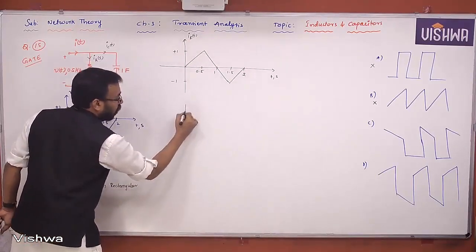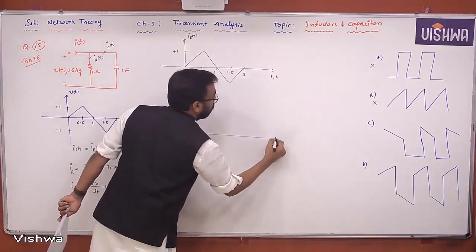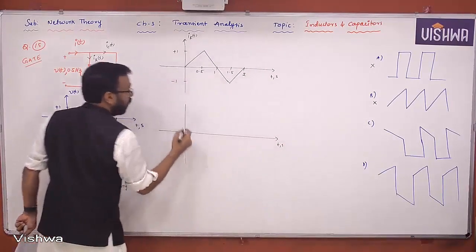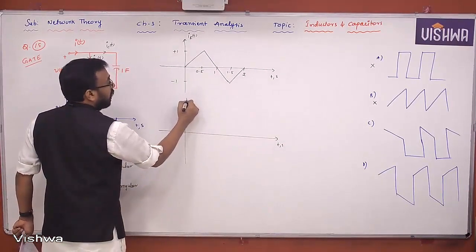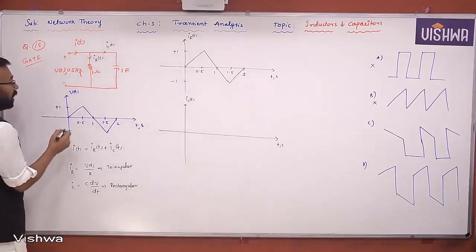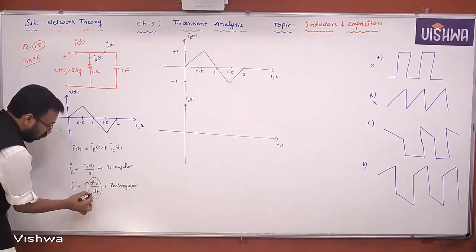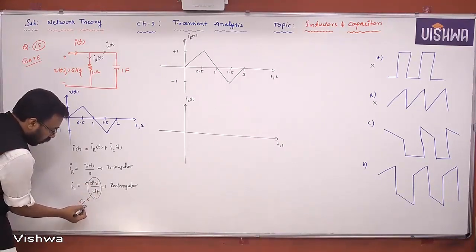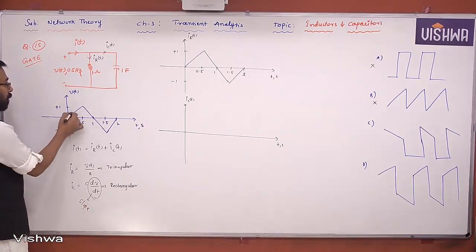Now let us draw the waveform of the current through the capacitor, IC of t. What is IC of t actually? It is nothing but the slope times the capacitance. What is the slope here?